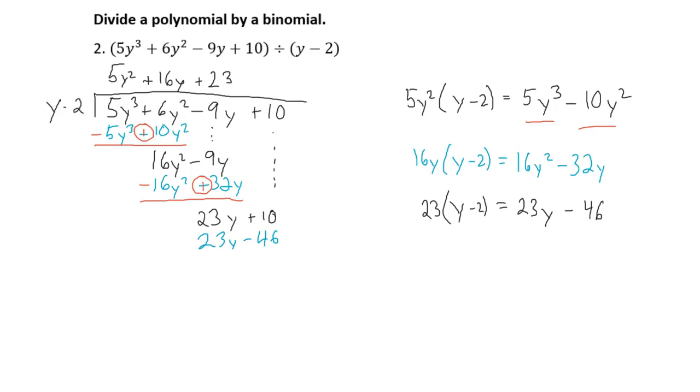And then I need to subtract that, which changes the sign. Positive, negative is now negative, positive. First term cancels out, and when you add that together, you get 56. So this is my remainder, or we can write it as plus 56 over y minus 2.